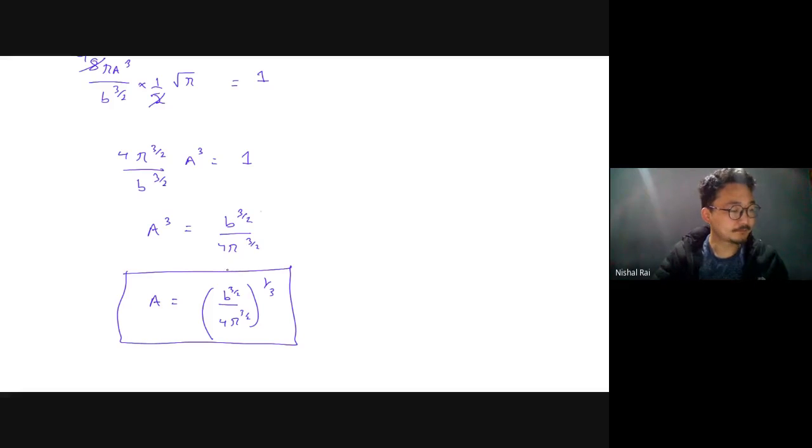Now this is basically a constant a. Is it clear? This is just a mathematical problem. Nothing important is over here. You are just evaluating the constant by using this normalizing condition, or basically by knowing the total number of particles.